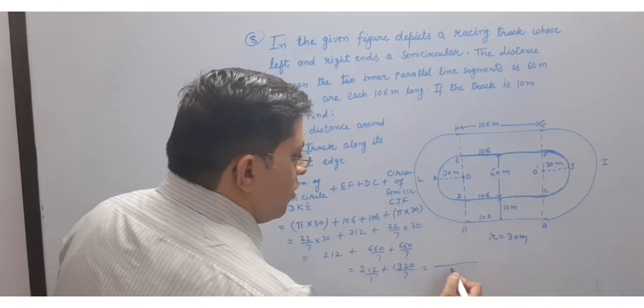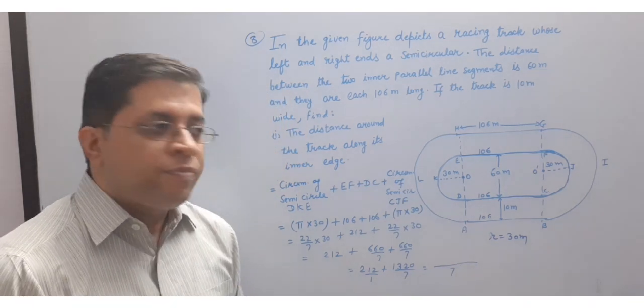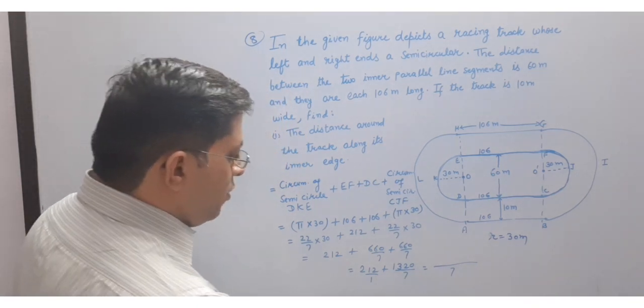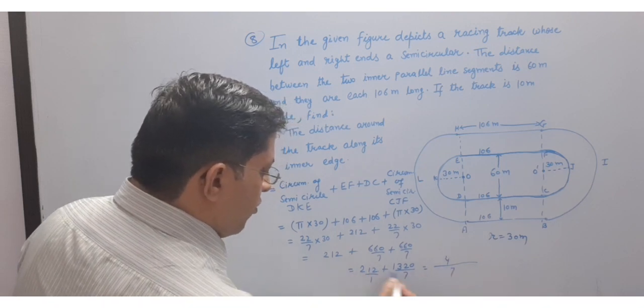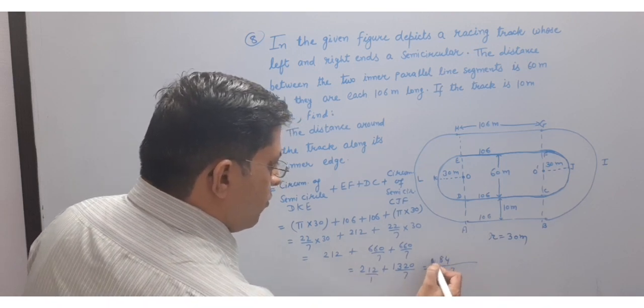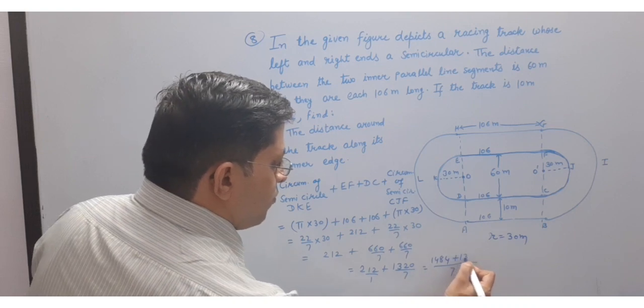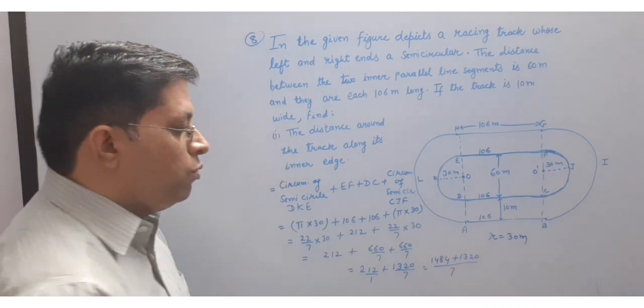If you take LCM of this, 7, then 2 sevens are 14, 1, 7 ones are 7 and 1, 8. 2 sevens are 14. This is 1320.